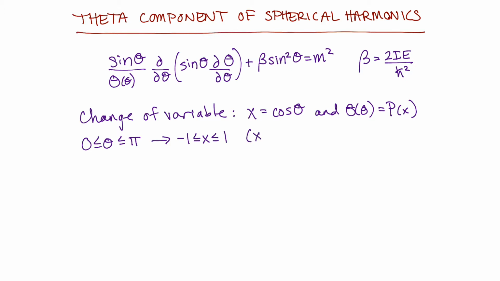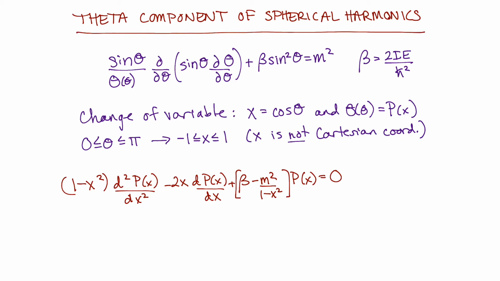So x here is not our Cartesian coordinate. It's just a new variable that we're using. So just be careful on that. Don't confuse that with our Cartesian coordinate x. We're just changing our variable here, going from theta to a variable of x.